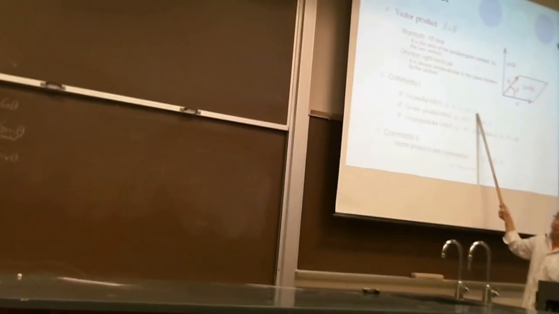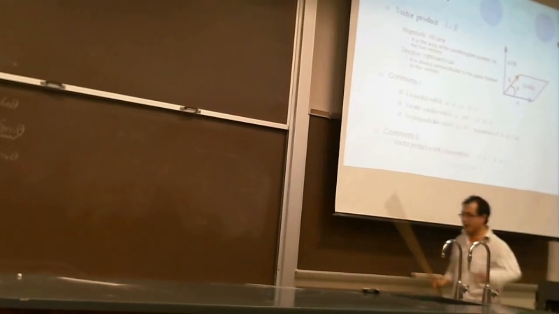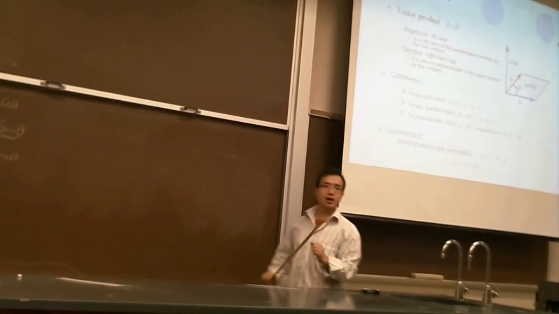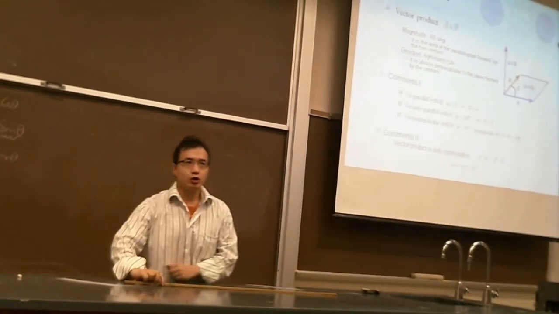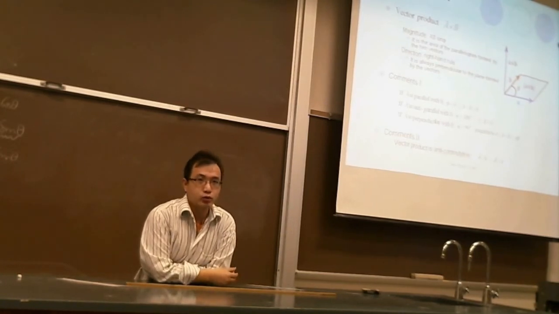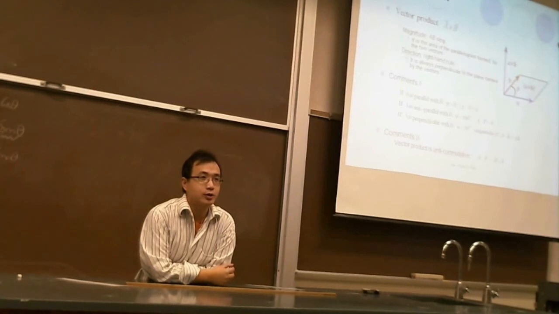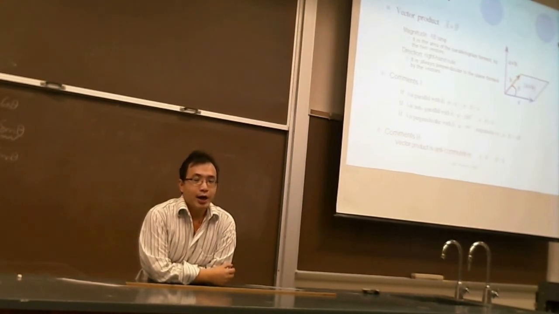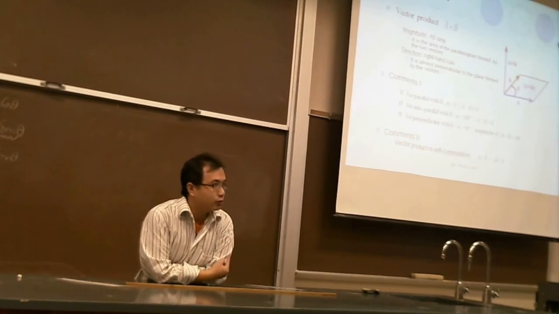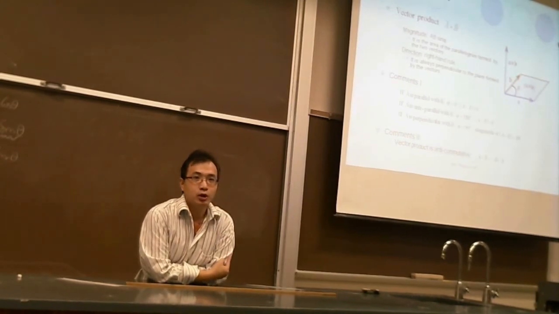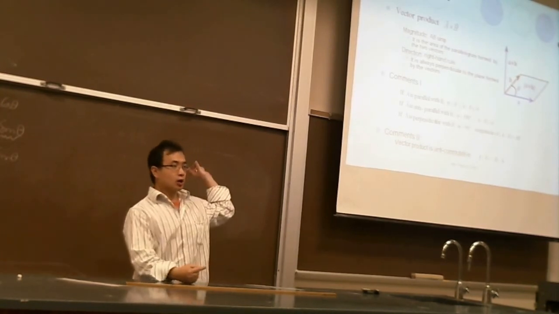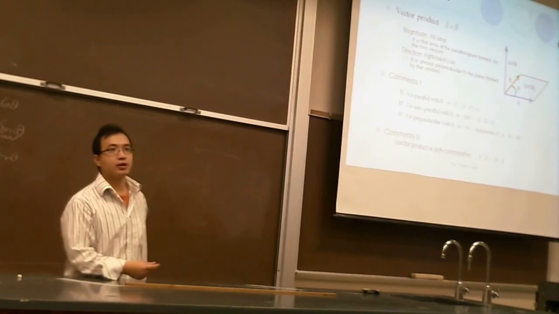Here, please note that we mentioned last class, in analytical geometry, how you can determine whether two lines are perpendicular to each other: you calculate their inner product to see if it's 0. Similarly, how can you determine if two lines are parallel with each other? You can calculate the cross product to see if it's 0.